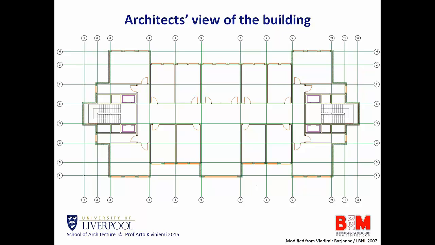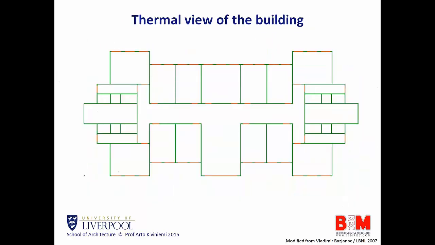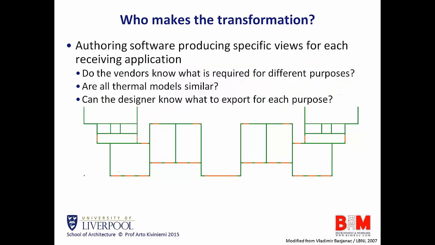But if you want to use this for the thermal simulation, the view is very different, because all the thermal simulation software are using only surfaces. So the walls can't have thicknesses in there. So it's very much simplified view of the building. And we have to make this transformation between the different views when we use that information. So it's not always one-to-one. And this is a challenging task there.